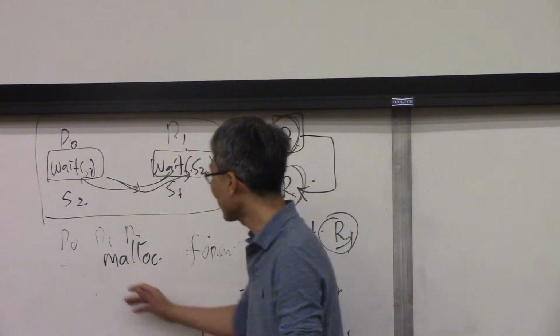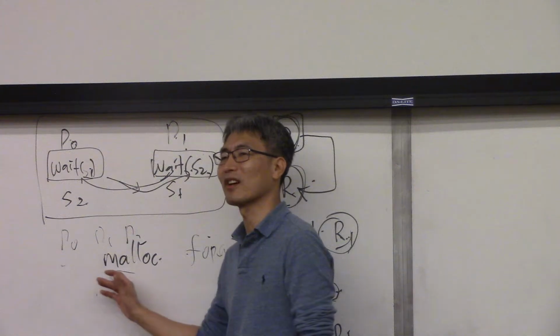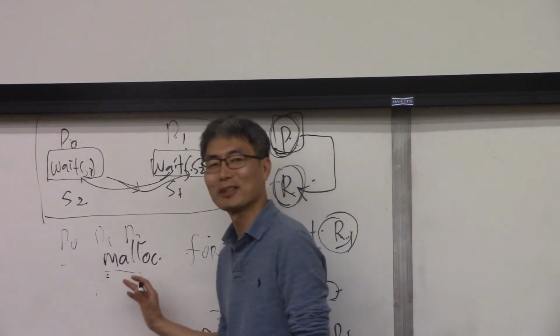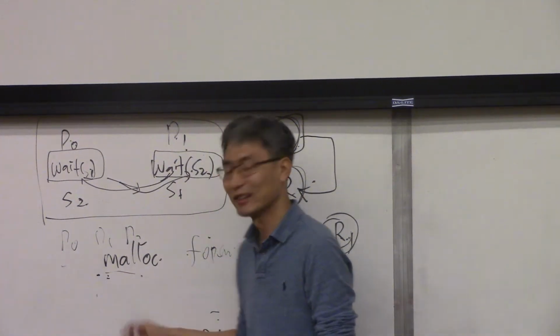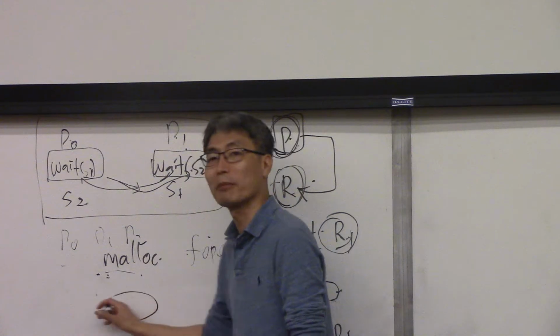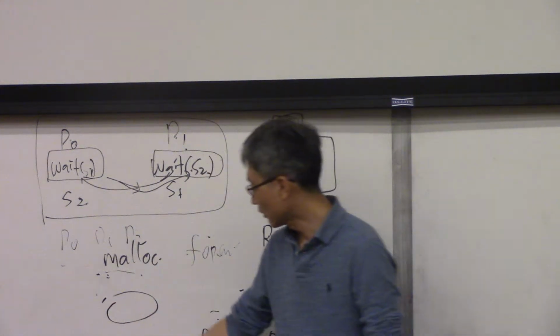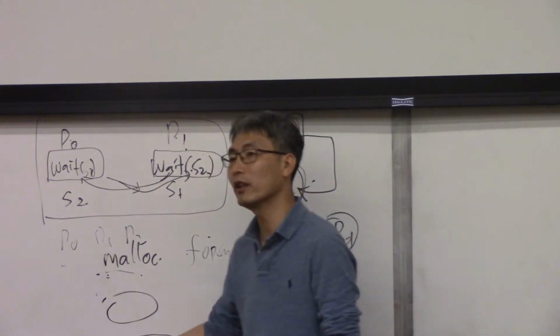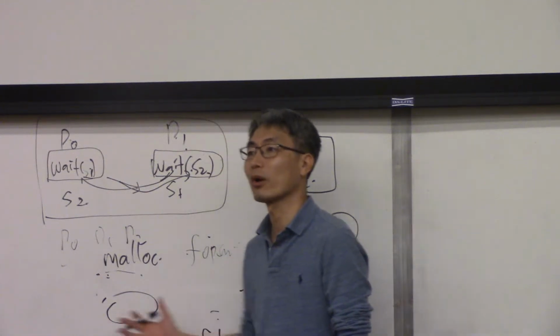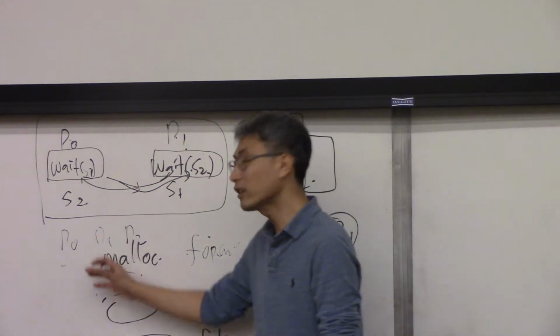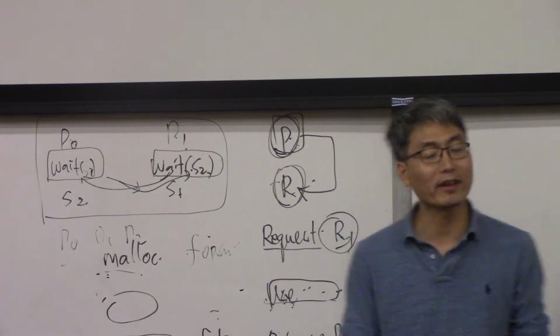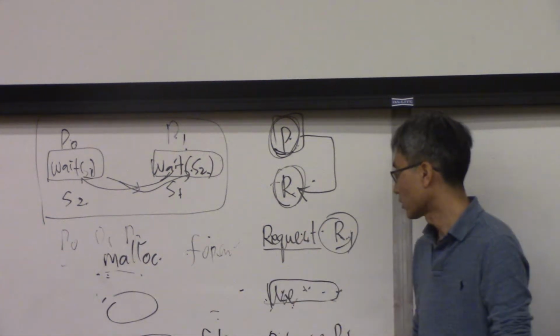So I thought malloc looks like very sophisticated wording, but it's memory allocation. So then you can use the memory, okay? Then after you use the memory, you deallocate.